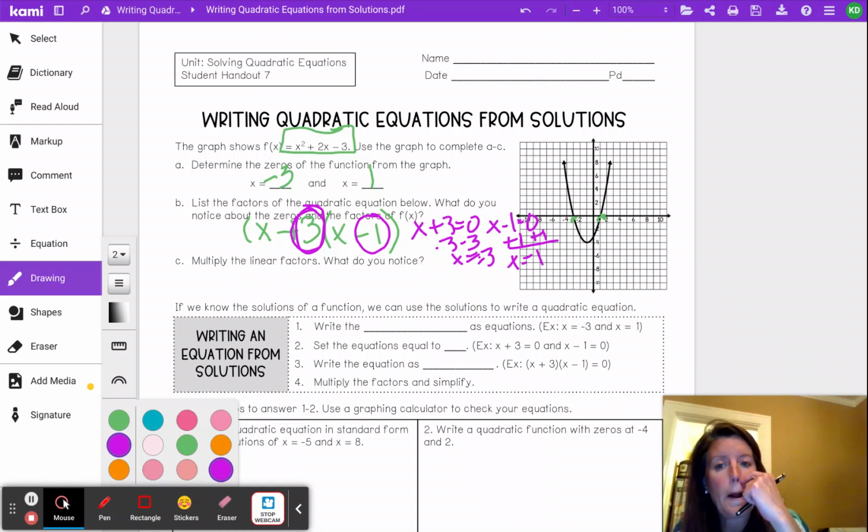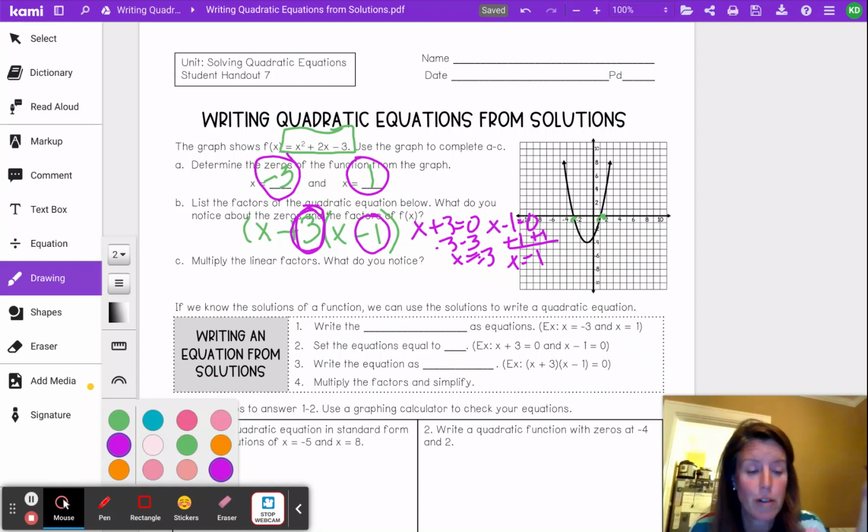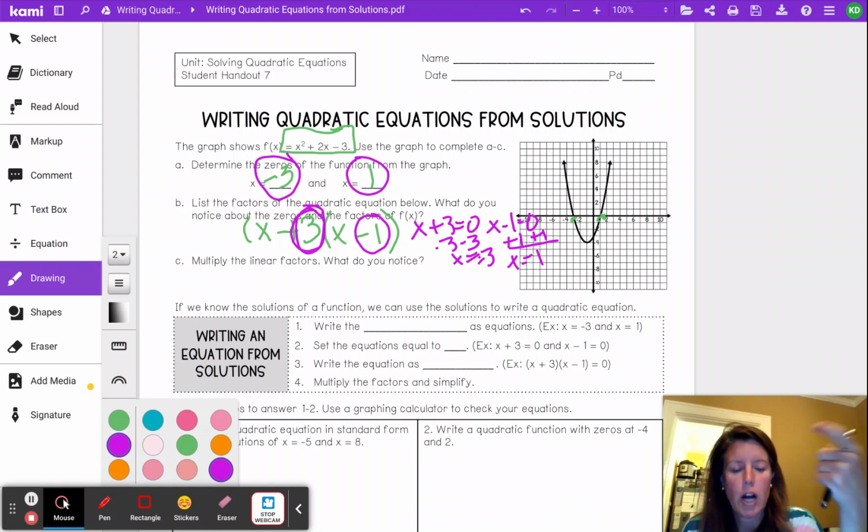Those are our zeros. Does that make sense? What I'm trying to say is that when you look at the graph, those zeros, the x-intercepts where it crosses the x-axis, are those two numbers that go inside your parentheses.